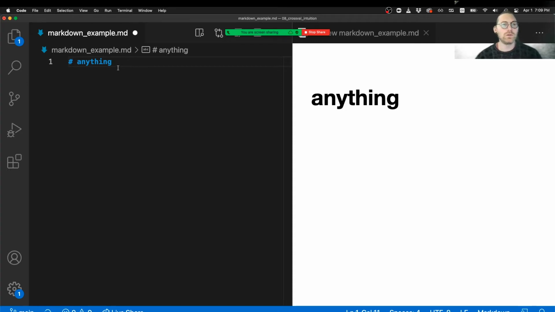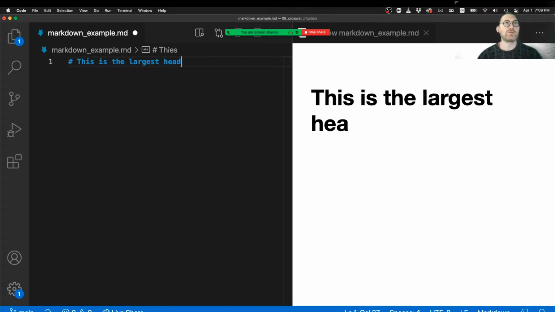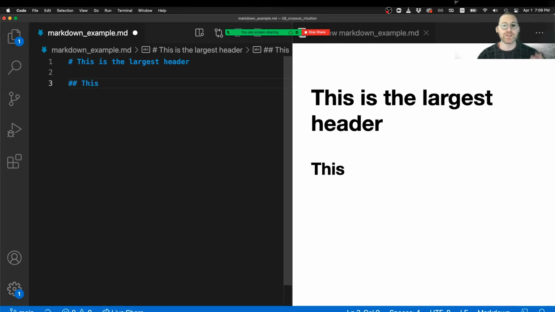So let's just play around with Markdown a little bit. If you use a single hash mark, this is the largest header for the text that follows it. So this is the largest header. And then, here's another with 2 hash marks. This is a slightly smaller header.